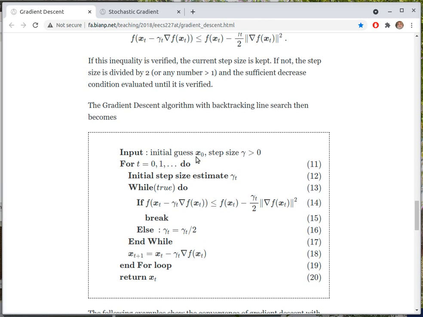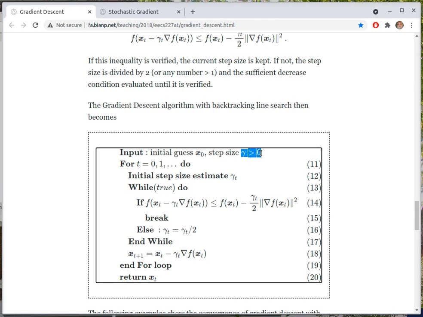So with the initial guess, we'll start off with some step size bigger than 0, and then we're going to take an initial estimate. I kind of go back and forth about this. I think it is possible to increase the step size again once you've estimated it, but in general, you might as well just keep the step size decreasing while you're at it.